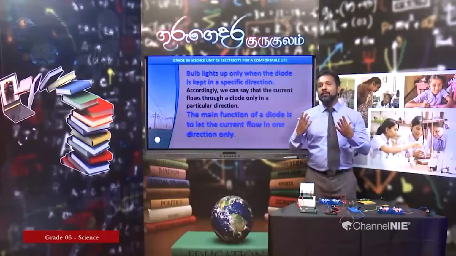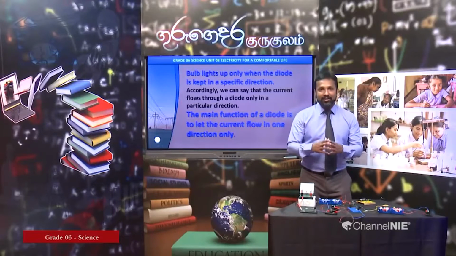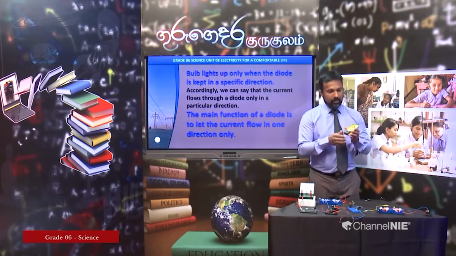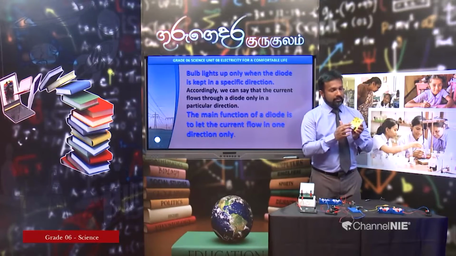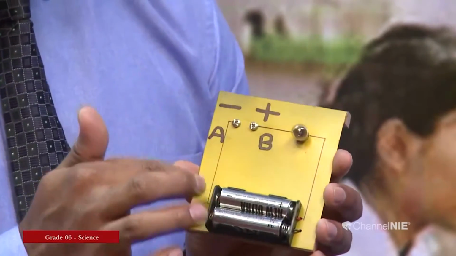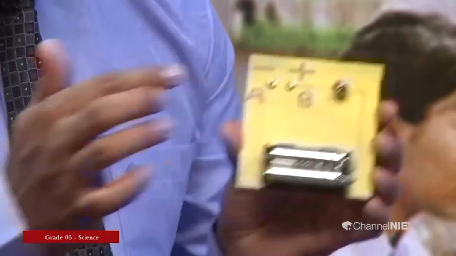We can do another simple activity to understand that. Here, this is a battery. This is the positive terminal. This is the negative terminal. This is a bulb.